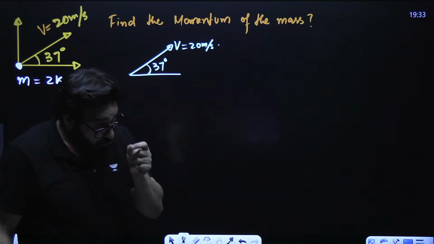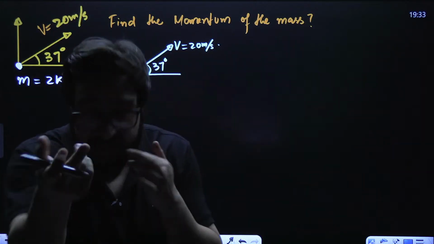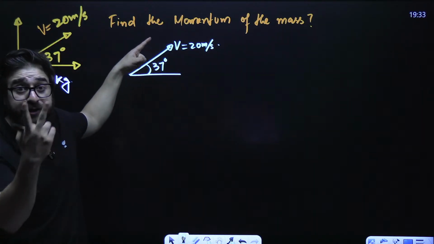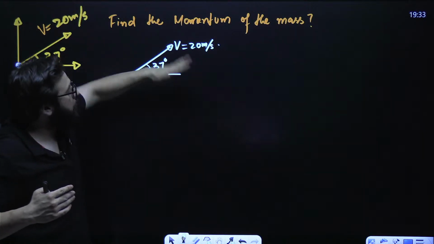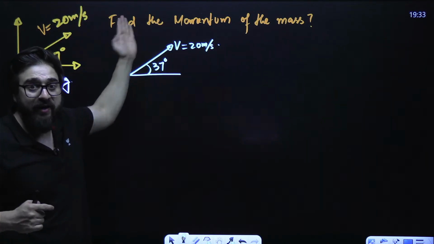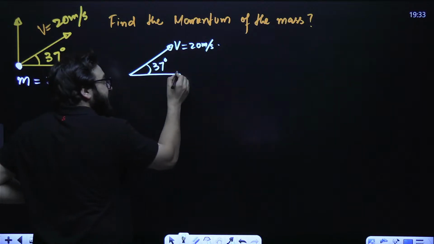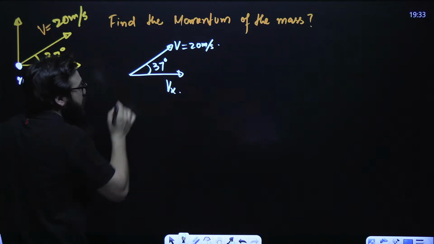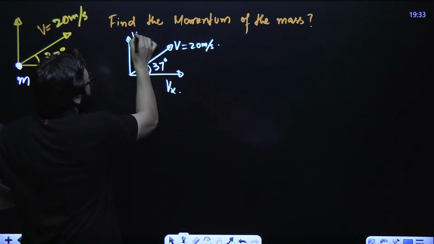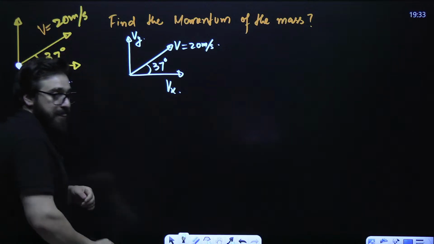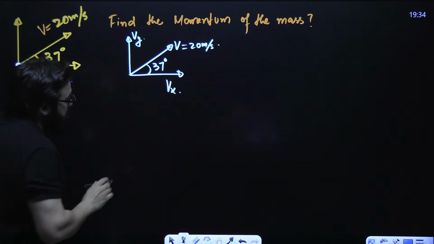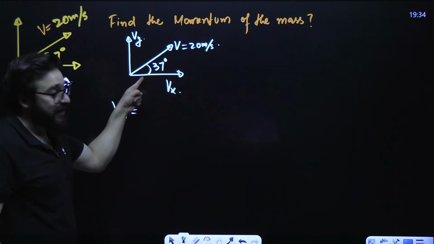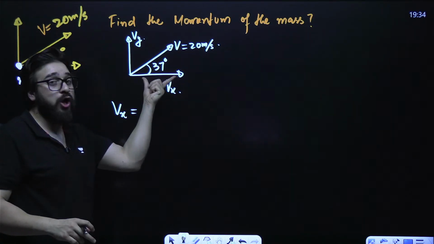Now, we have studied this. If we haven't studied it, then listen now. A vector can be resolved into 2 components: cos component and sine component, X component and Y component. First one will be its horizontal component. Second one will be its vertical component. This is Vy. If we write its horizontal component, Vx will be, if this is the angle, the cos component.